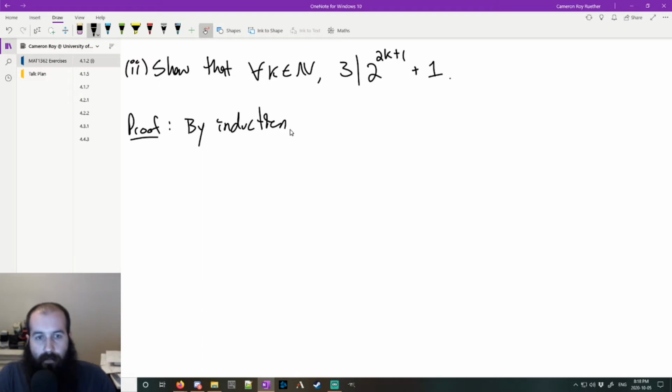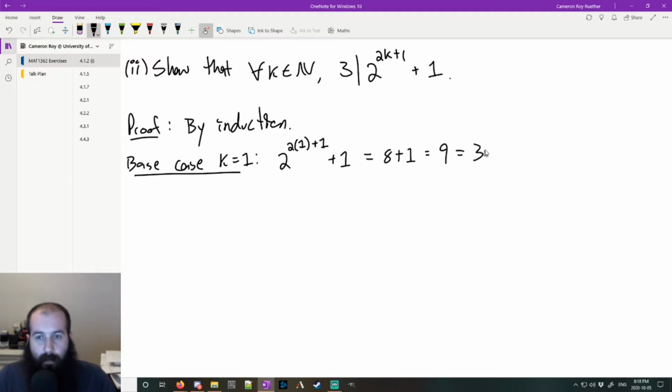Since it's by induction, we will consider a base case of k equals 1, since we're inducting over the naturals. In this case, we're looking at 2 to the power of 3 plus 1. So this is 8 plus 1, which is 9. And 9 is divisible by 3, as it is 3 times 3. So this finishes our base case.